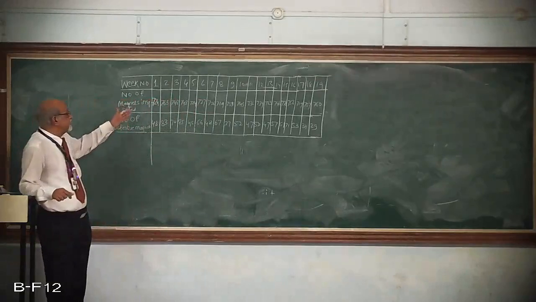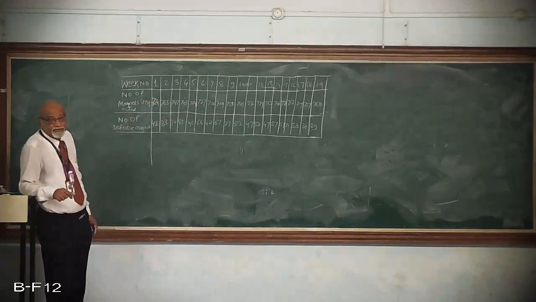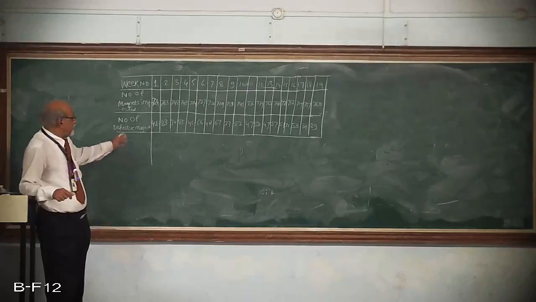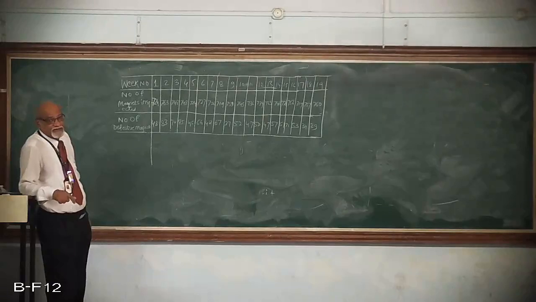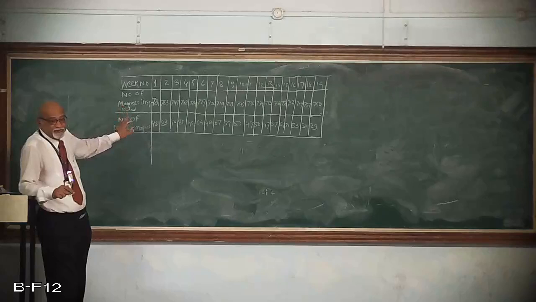Try to understand here. But here, the word he has used is number of defectives, so we cannot use C chart or U chart, because those are concerned with defects. Defective means either P chart or NP chart.